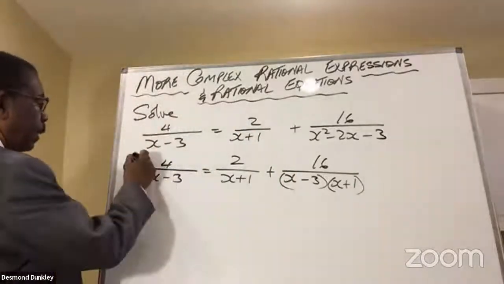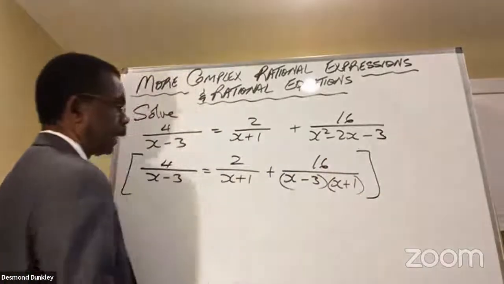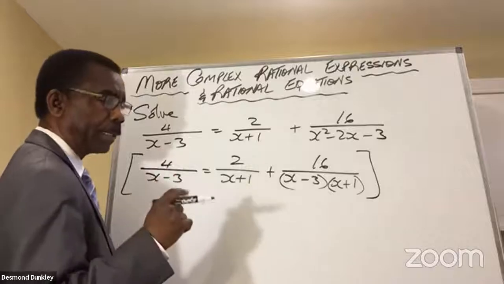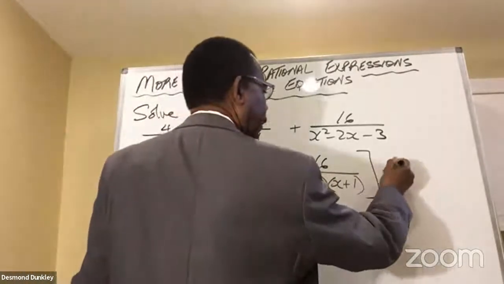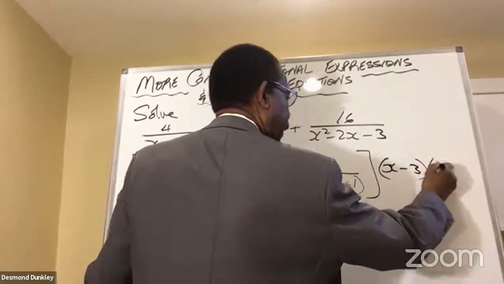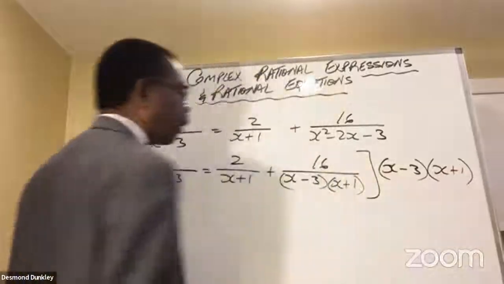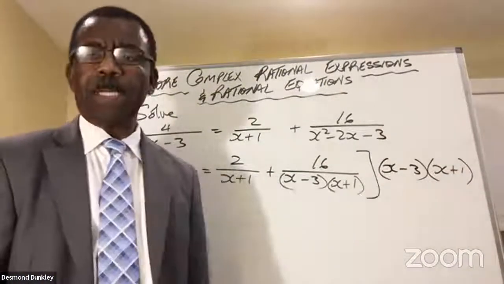So picture me putting square brackets around the equation, and then outside putting x minus 3 times x plus 1. In other words, I'm multiplying the entire equation by the common denominator.